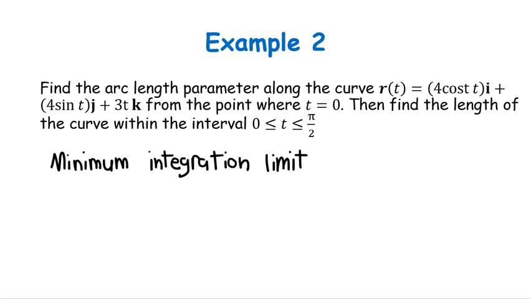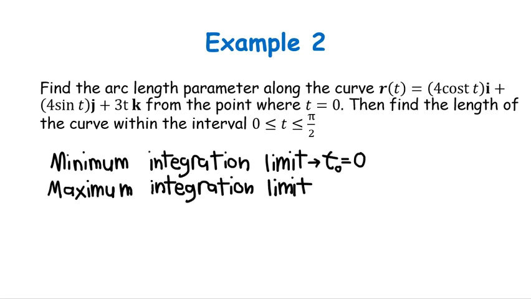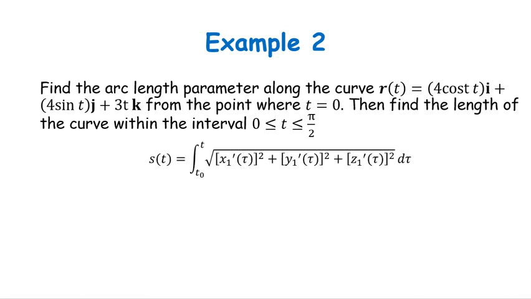The information given is that the minimum integration limit is t naught equals 0. As for the maximum integration limit, because the information is not given in the question, we can assume that t must be bigger than 0. So we're going to use this equation.